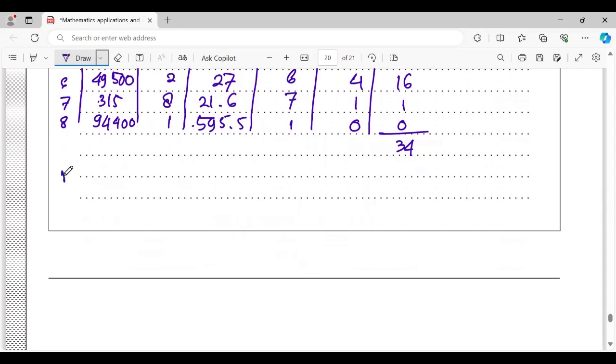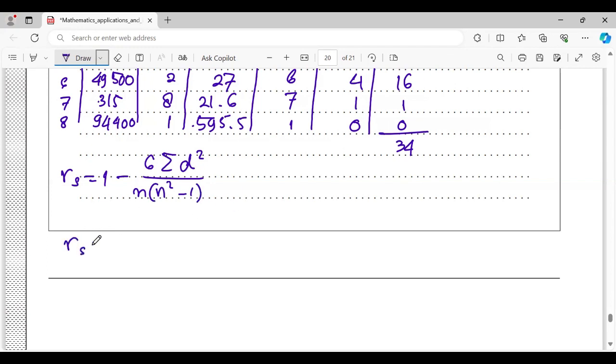Now, the formula: RS is 1 minus 6 times the sum of d squared over n times n squared minus 1.